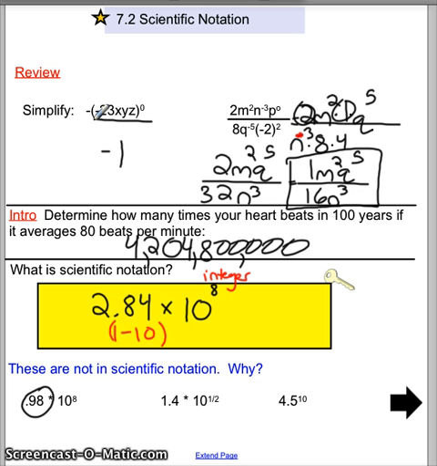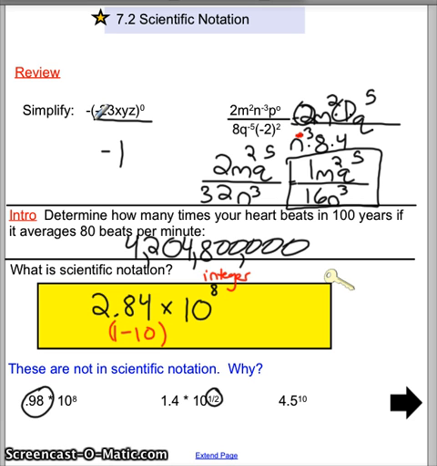For the next one, 1.4 times 10 to the 1/2. So this time the problem I'm seeing is right there. The exponent has to be an integer. So in this case, that one is not an integer, therefore that is not considered scientific notation. And for the third one, 4.5 to the 10th power.